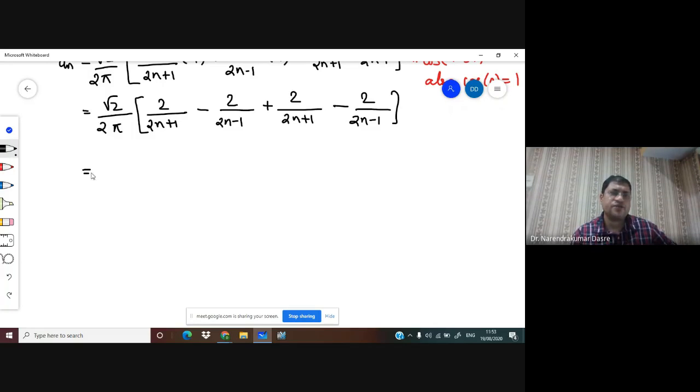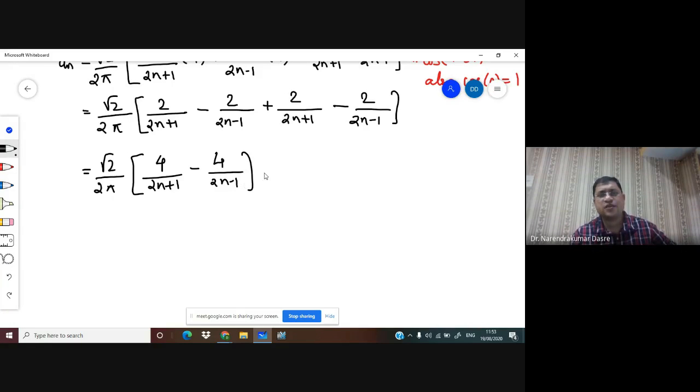So this is equal to root 2 upon 2π, this will be 4 upon (2n+1) minus 4 upon (2n-1). So you can have 4 common. So it is 4 root 2 upon 2π, and here we have 1 upon (2n+1) minus 1 upon (2n-1).